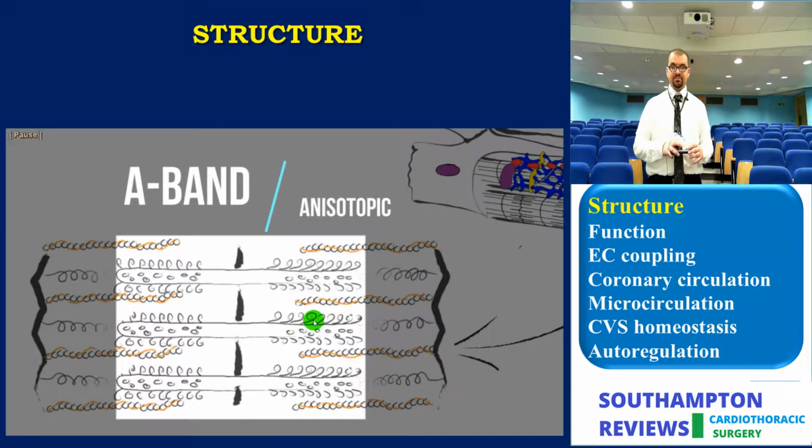The peripheral areas are less crowded and formed only by actin thin filaments called the I bands. I here stands for isotropic, or uniformly oriented. Centrally resides a denser area formed of both actin and myosin filaments intercalated together, hence called A bands. A here stands for anisotropic, or non-uniformly organized.